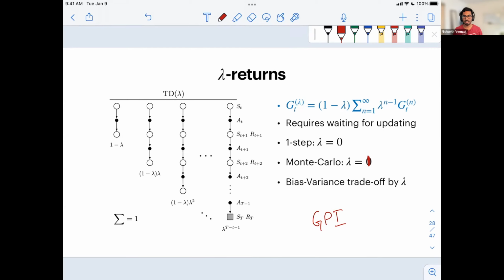When n is equal to 1, it will return G1. I'm not able to hear you, Hardy. You're very quiet. About now? Yeah, you're better now. So, regarding the previous question, I think even when lambda is 0, for n equal to 1, it will still return G1t, right? Which is correct.